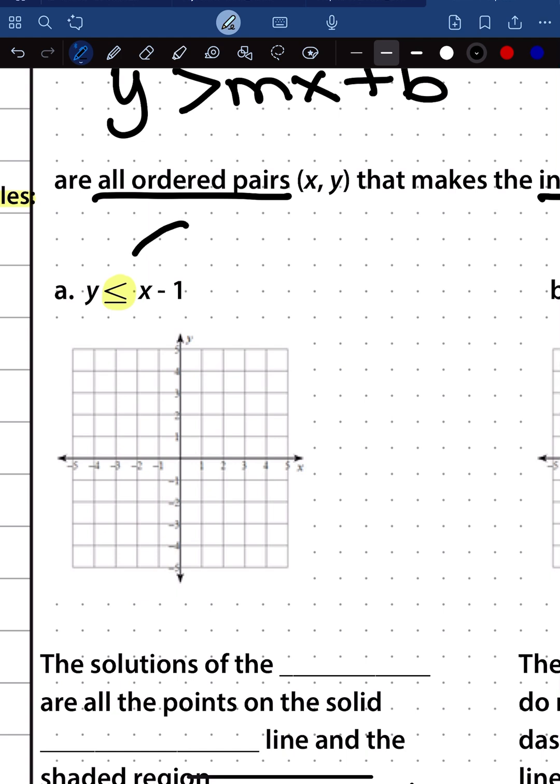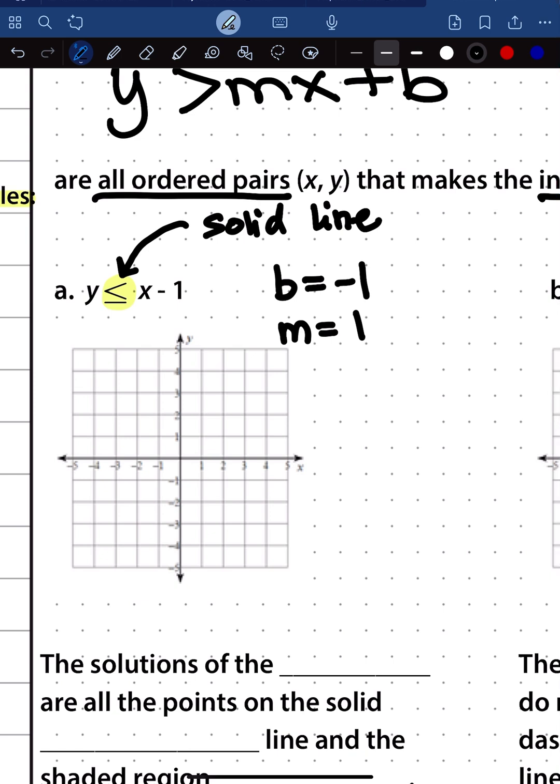Anytime we see less than or equal to or greater than or equal to, this is going to be represented by a solid line. If you look at this inequality carefully, we notice that the y-intercept is -1 because that is our constant without a coefficient, and our slope is just 1. Anytime you have a variable x by itself, we know that there is a coefficient of 1 in front.